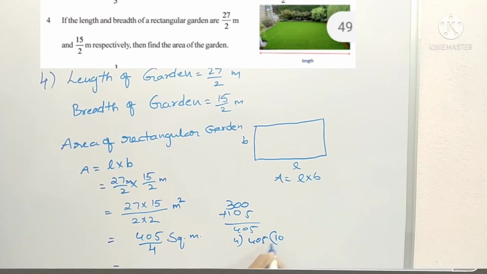Okay, 4 10s are 40, 4 1s are 4, 1. So write the quotient first and next remainder by divisor, meter square. So therefore area is equal to 101 1 by 4 meter square.